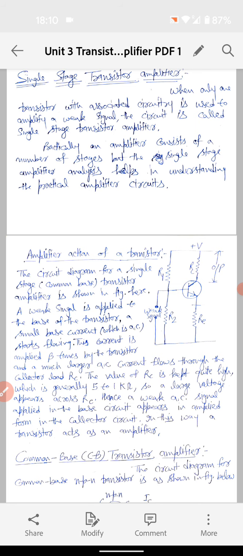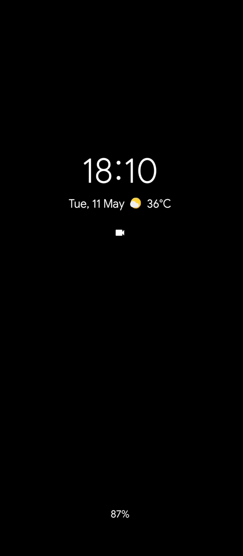Practically an amplifier consists of a number of stages. Consider the practical amplifier we use when we speak through a mic. That mic is connected to an amplifier, so whatever we are speaking, that voice gets amplified to a large extent and can reach a large audience.